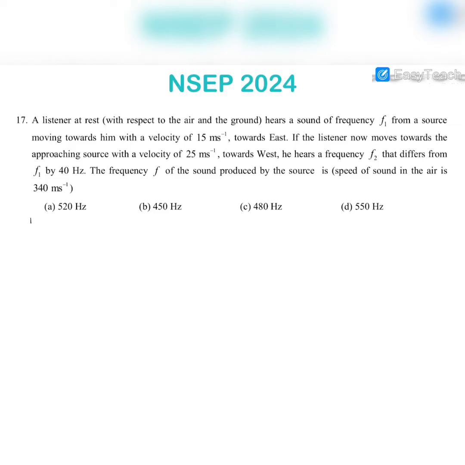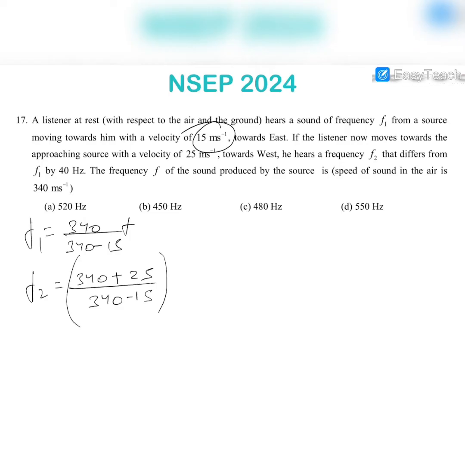So we know that f1 is the frequency observed when only source was moving with the velocity of 15 meters per second towards observer. So the formula will be 340, which is the speed of sound, divided by 340 minus 15, into f. And f2 will be the case when both are moving towards each other. So this would be 340 plus 25 divided by 340 minus 15, into f.